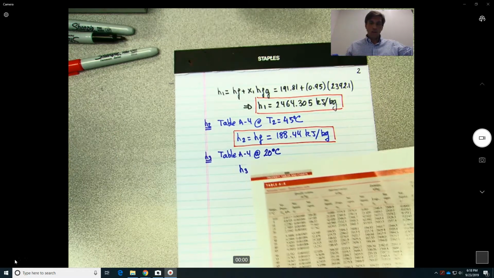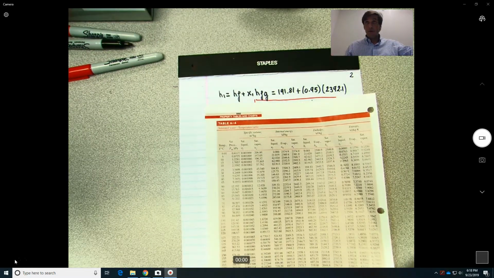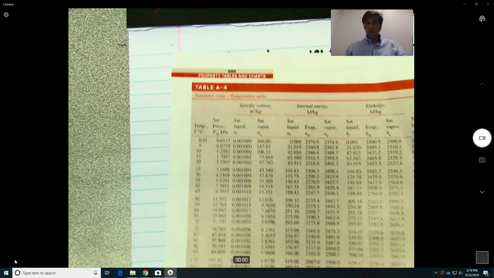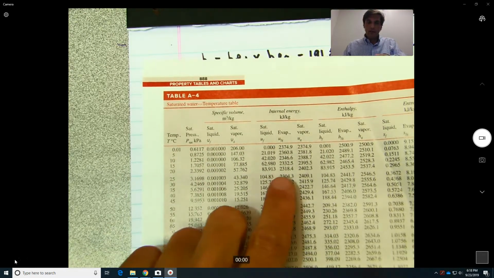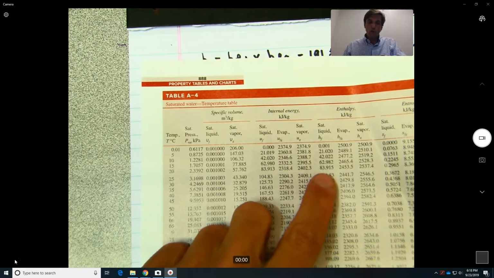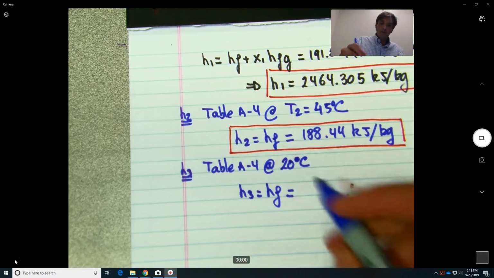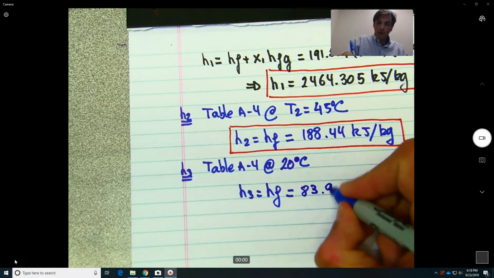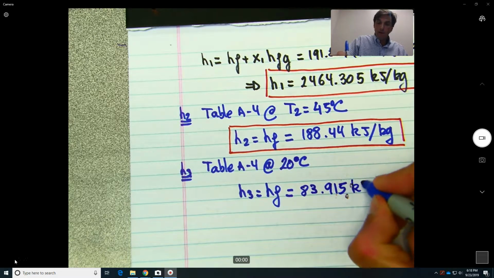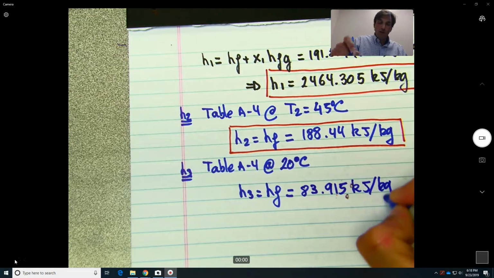So at 20, you can see that H fluid is equal to 83.915 kilojoules per kilogram.